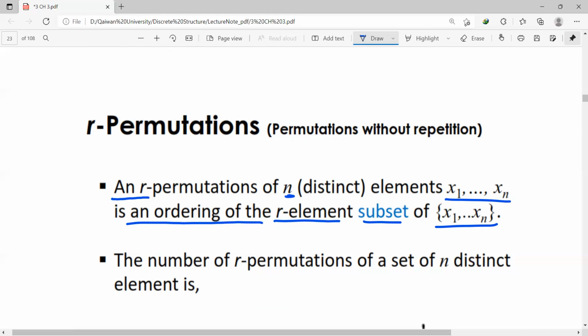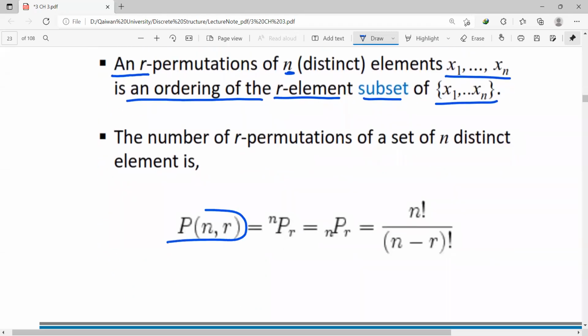So it's R permutations of n, and it's written like this, P of n and R. This is the number of all elements, and this is the number of chosen elements.